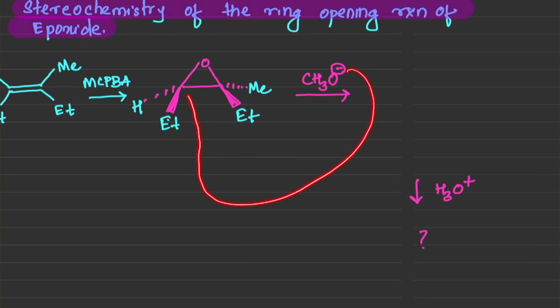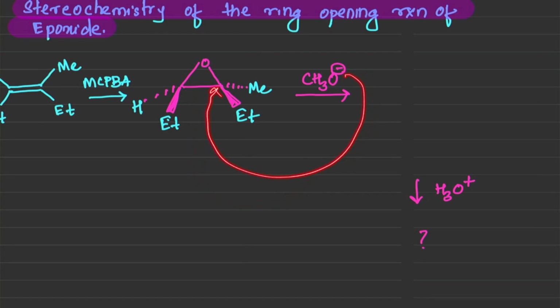Where would it attack, here or here? If you notice, this carbon atom is connected to 1, 2, 3 other carbon chains, right? But this carbon atom on the left is connected to 1 and 2 carbon atoms. So obviously the carbon atom on the left is least crowded.